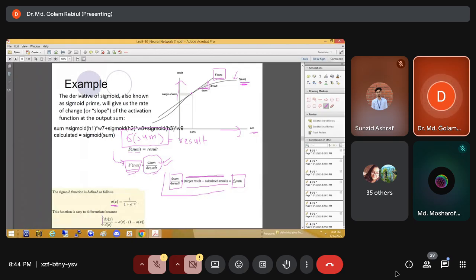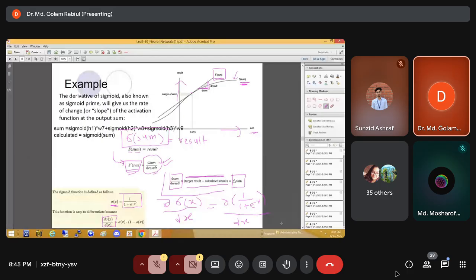So if we take the derivative of this sigmoid, that is, the delta of our sigmoid function with respect to x, then this is the part. We will find the derivative of 1 by 1 plus e to the power minus x with respect to dx.